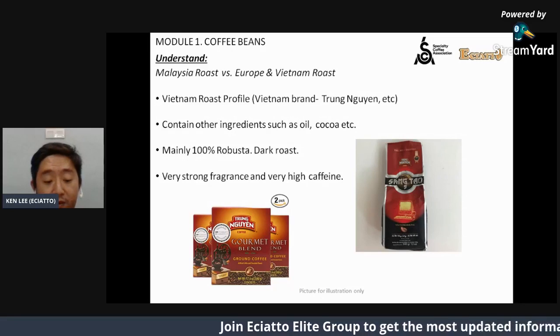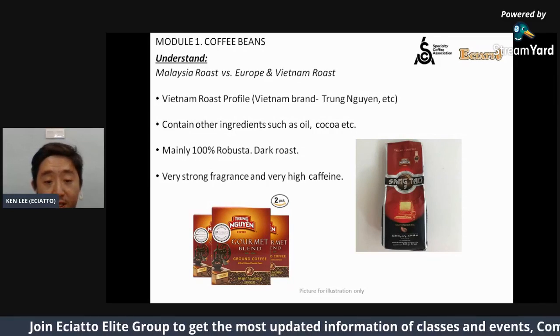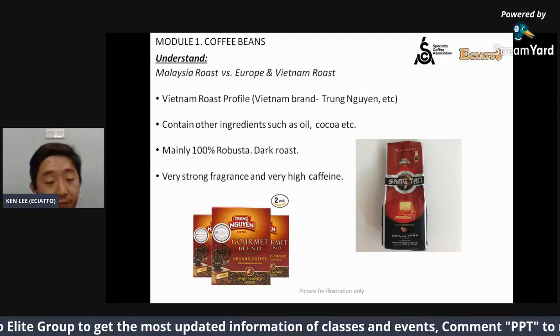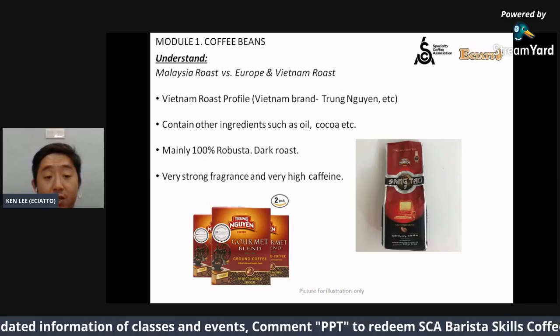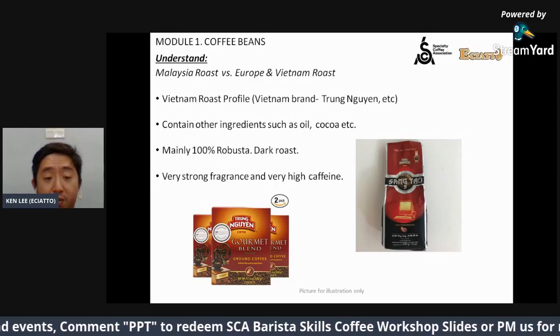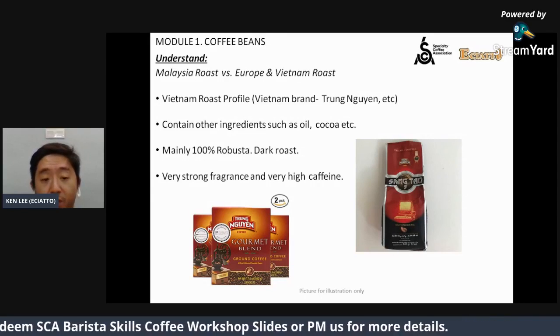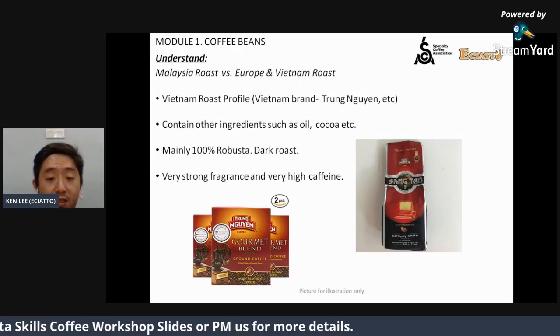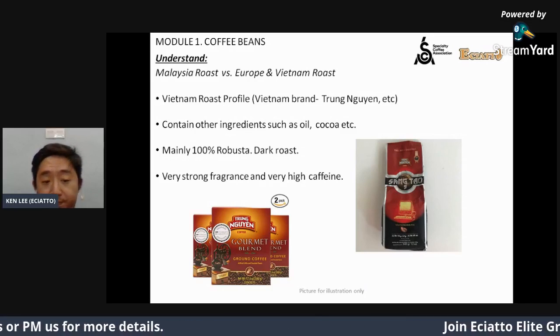Vietnam roast coffee mainly uses 100% Robusta, though of course you have different blends. For the roasting, it's quite similar to local roast, because they put a lot of things inside. They will put oil, cocoa, margarines, roast it, grind it, pack it, then ship it.